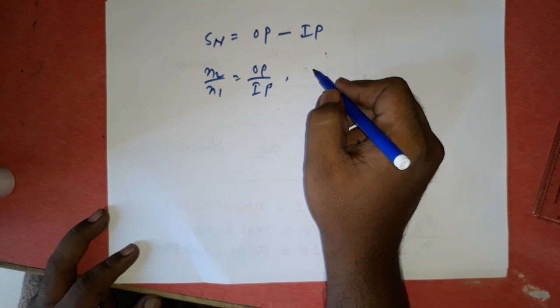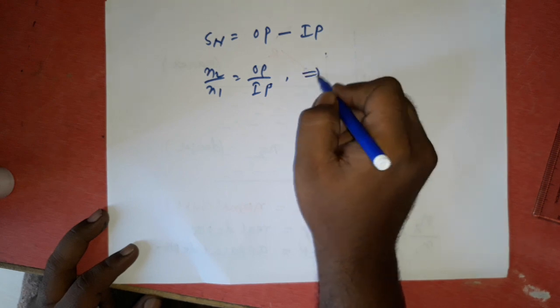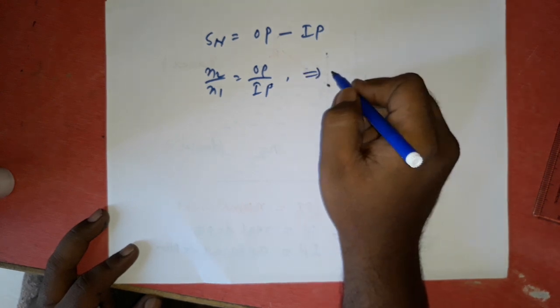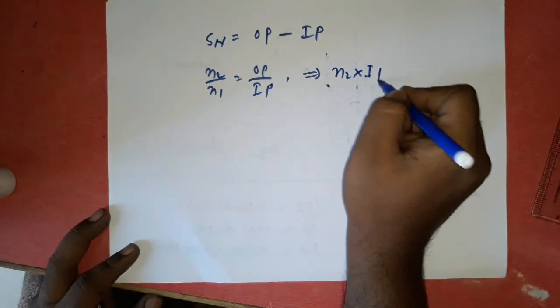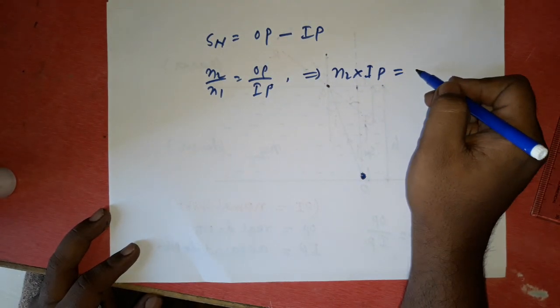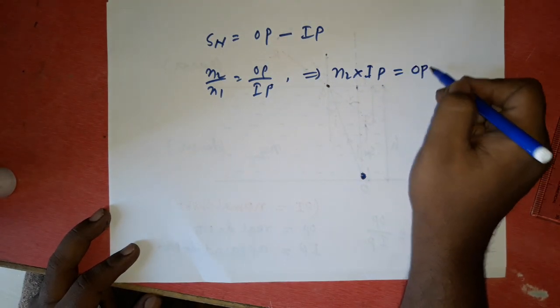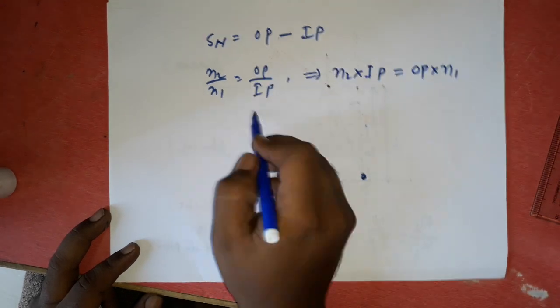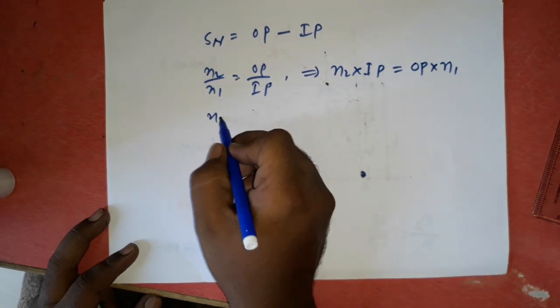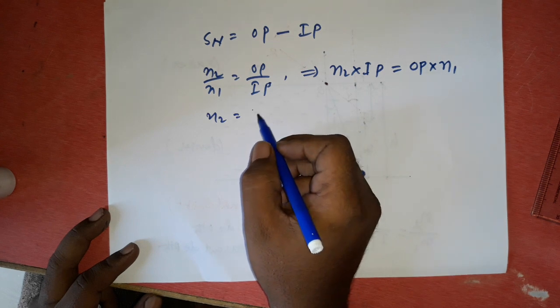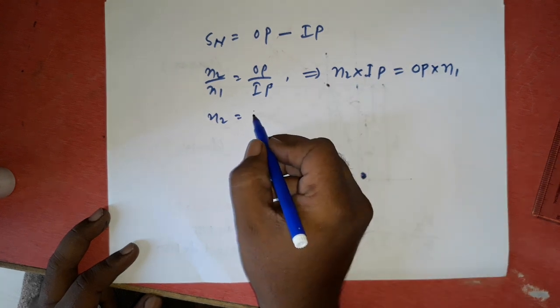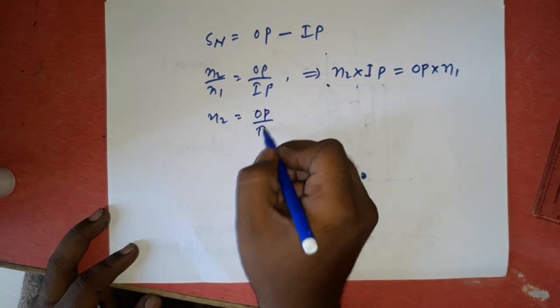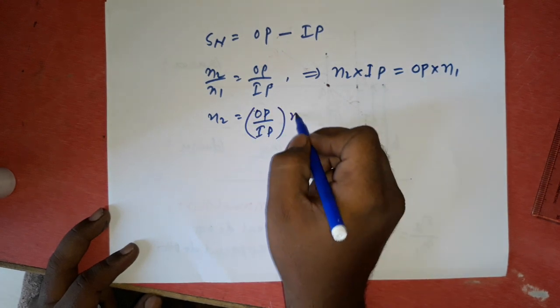From this equation I can write N2 into IP is equal to OP into N1, cross multiplying this. Then I will get N2 is equal to OP divided by IP into N1.